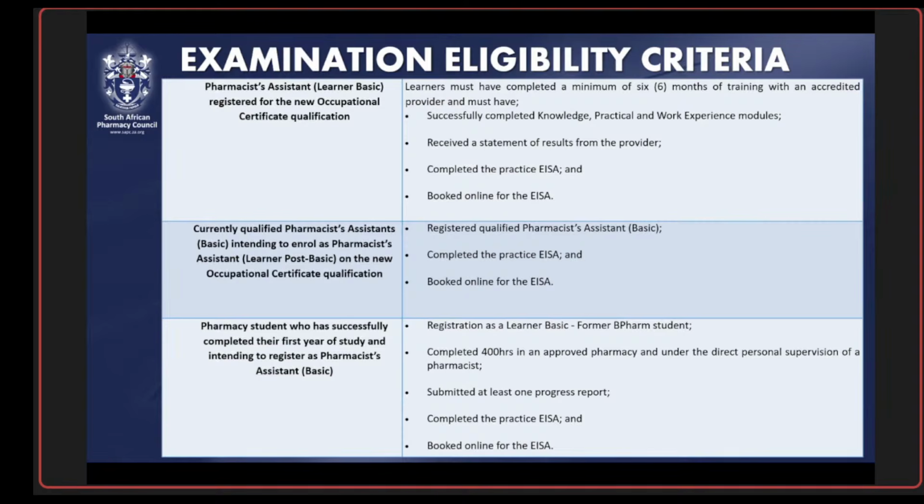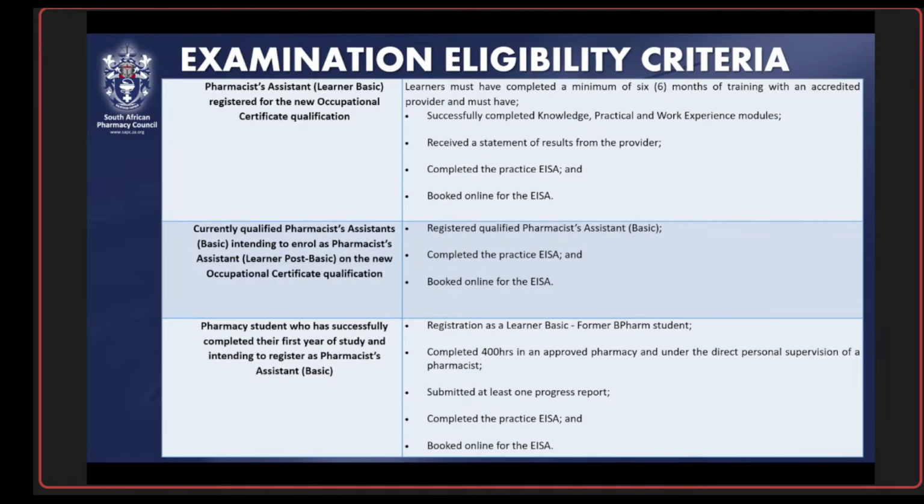The statement should not be sent by you to us, but the provider will do it on the necessary platform. So once that has been uploaded, we will be able to see it on our side. You don't have to send it by email to us. And for you to write the EISA, you firstly have to complete the practice EISA, book online for the EISA and pay the applicable fee, which I will mention later.